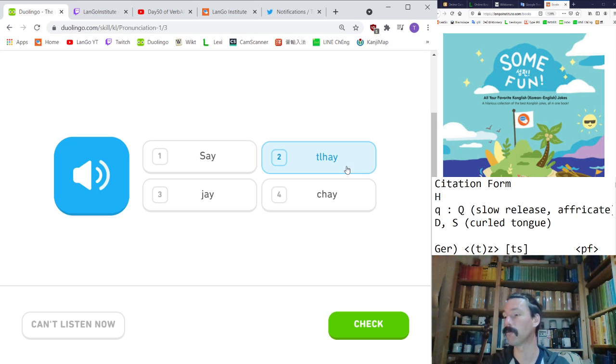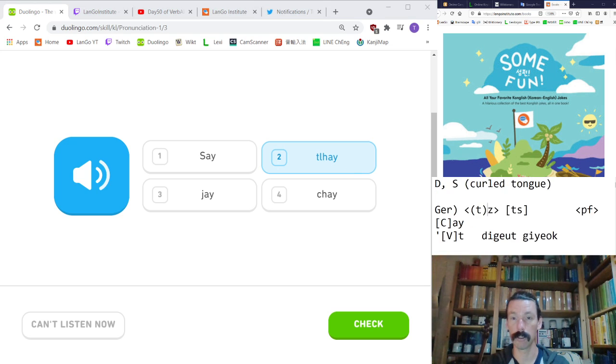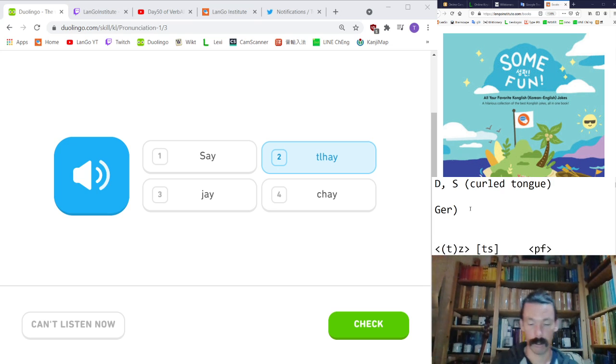That's just a fricative. So for German, what's relevant in consonants, if we're going to do a Hangul-like chart for German, you'd have your plain initial at the lips, T at the teeth, Z also at the teeth, but with slow release. Actually, let's put that in its own row.